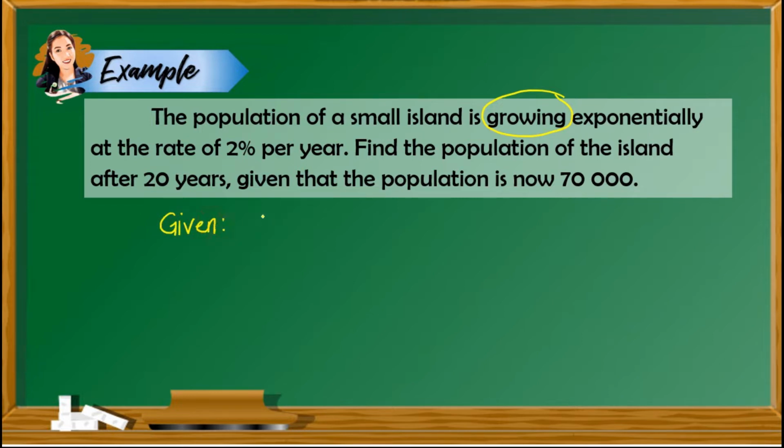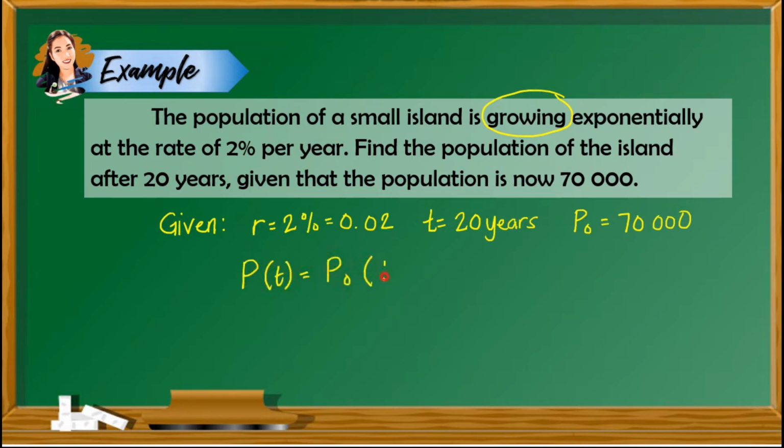We have the rate, which is 2% or 0.02. We also have the time, which is 20 years, and the current population, which is 70,000. Following the formula for the exponential growth, we have P of t is equal to P sub 0 times 1 plus r raised to t.